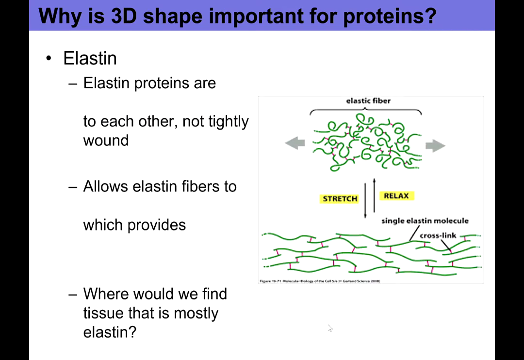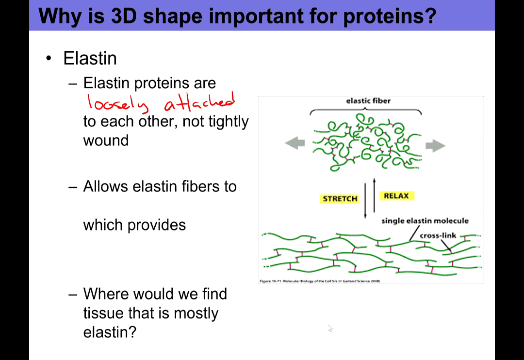Elastin, on the other hand, as you can probably guess from the name, is stretchy. Elastin has a different structure, where the proteins are loosely attached to each other, not tightly wound.